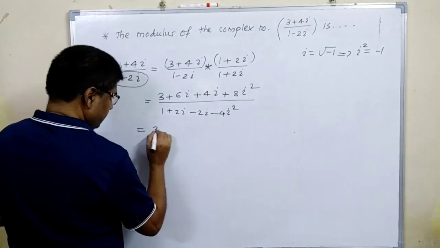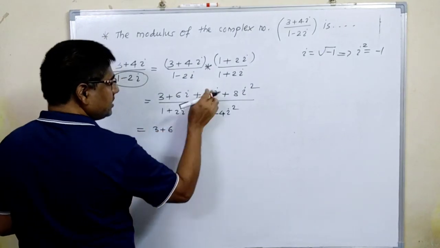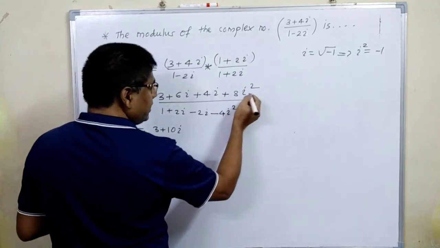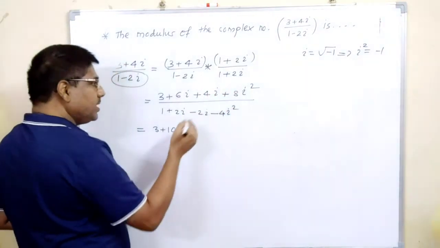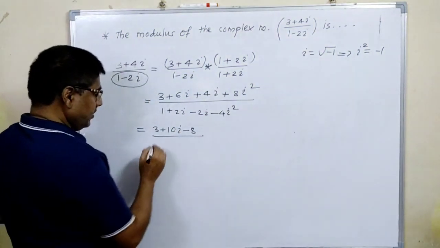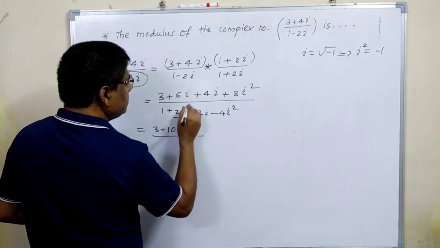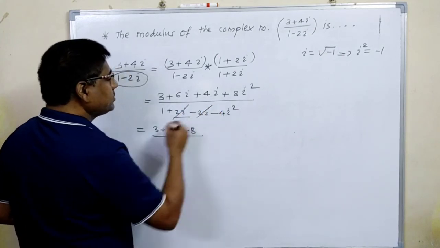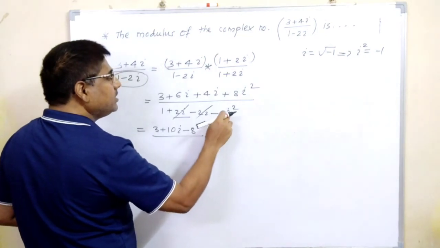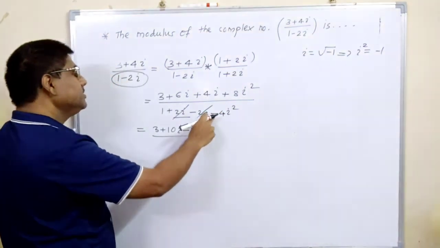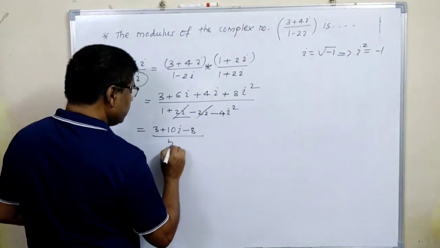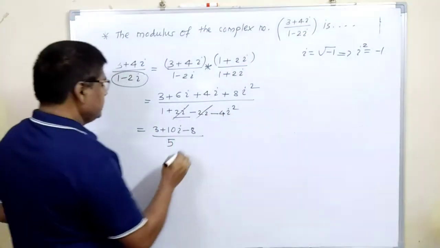So 3 plus 6i plus 4i gives 10i, and 8i square is 8 into minus 1, minus 8. In the denominator, 2i minus 2i cancels, and 4i square is 4 into minus 1, minus 4, and this minus becomes plus, so 1 plus 4. In the denominator we get 5.